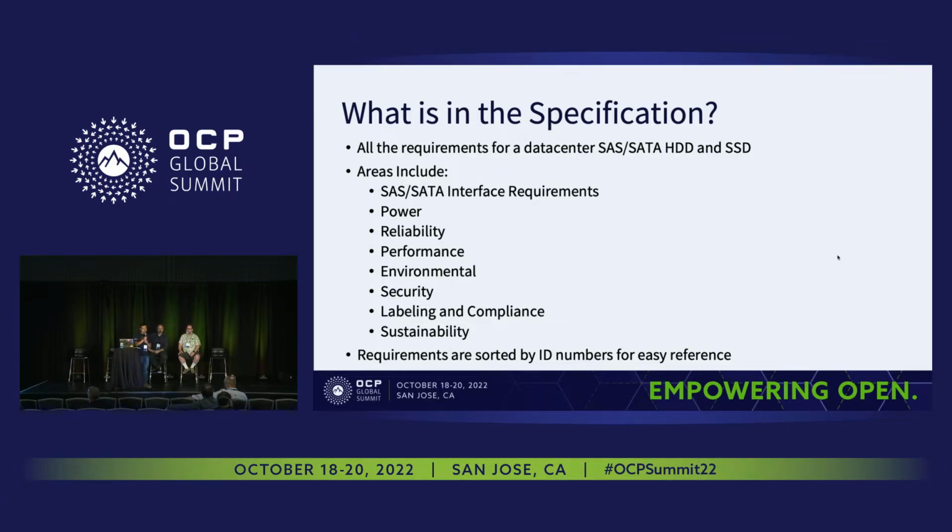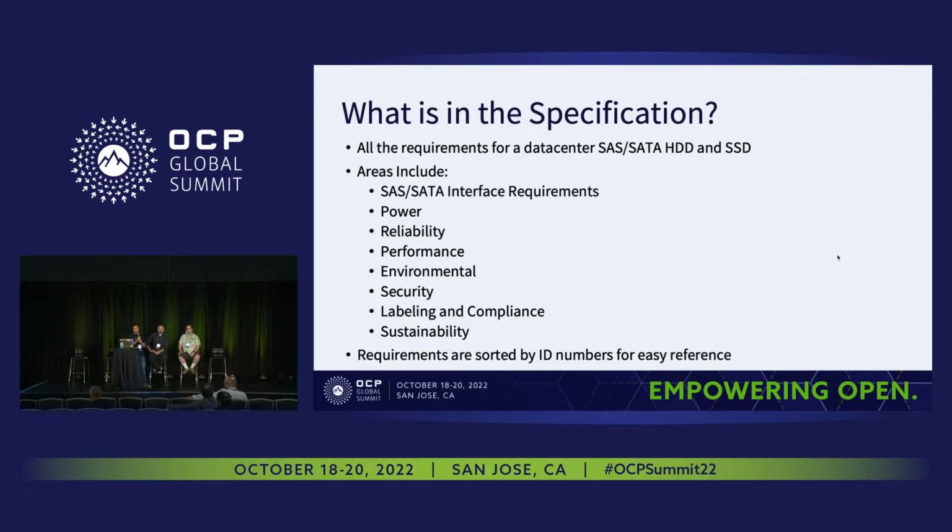And also the security section. This is the key part where we want to make sure our users can trust us in saving the data in our devices. In this area we define how the sanitize is required, secure boot, and TCG Opal requirements are all there.